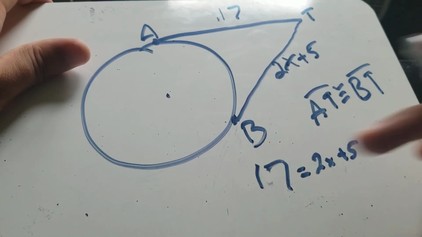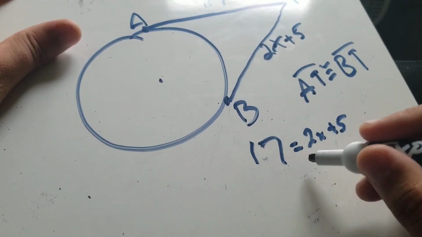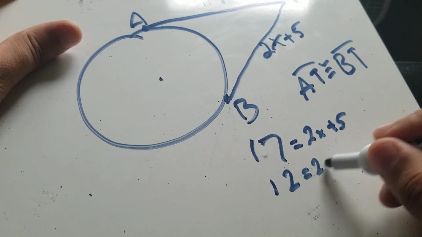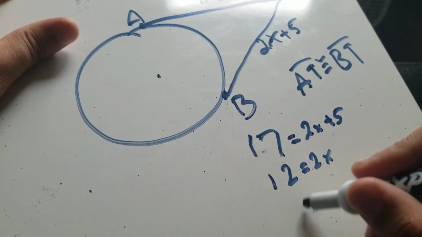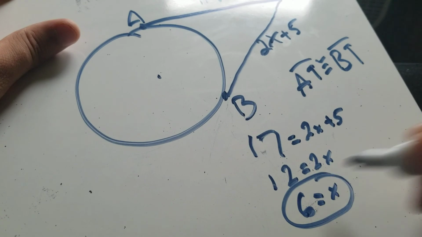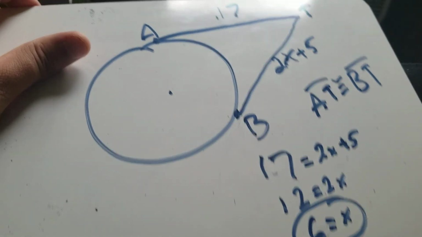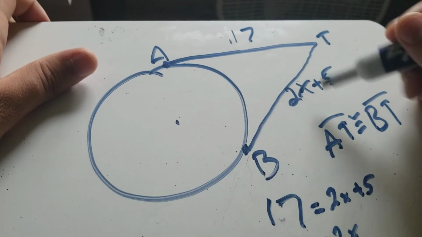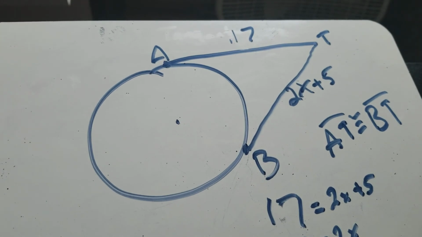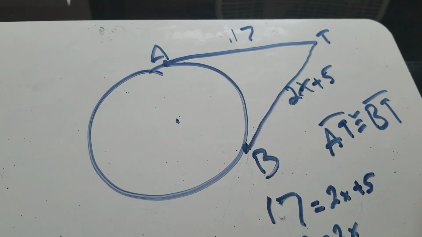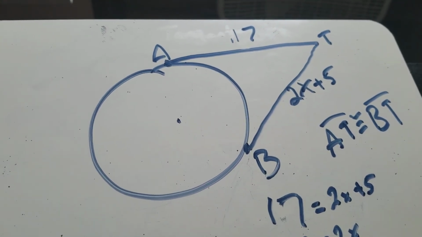A lot easier than that last question. Do a little solving. 12 equals 2x. Divided by 2 on both sides, 6 equals x. Okay? So if they're equal to each other, you can set the two expressions equal to each other. That's much easier. Maybe I should have started off with that one versus the last one.